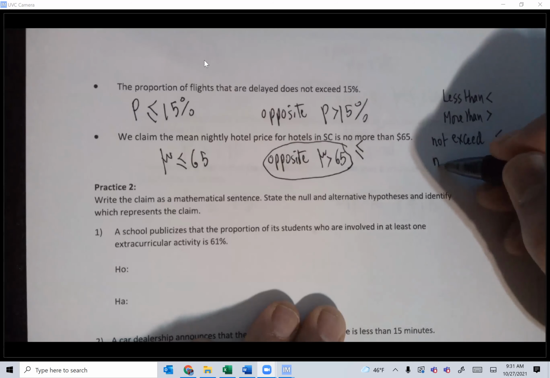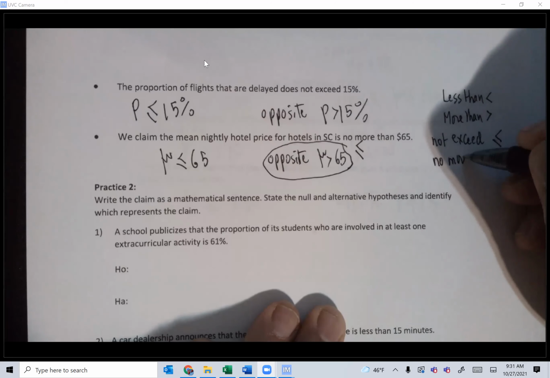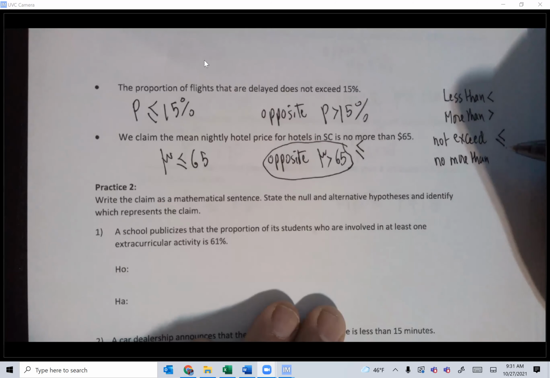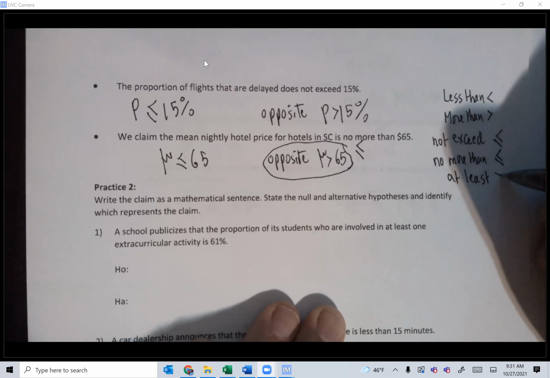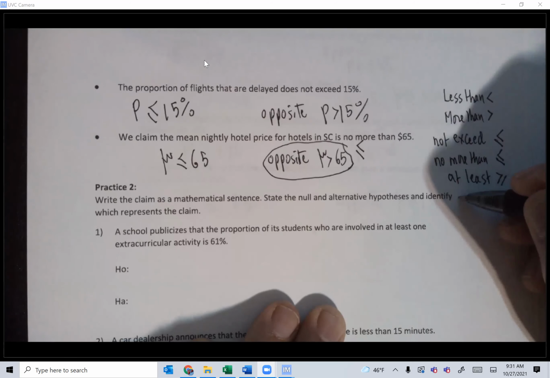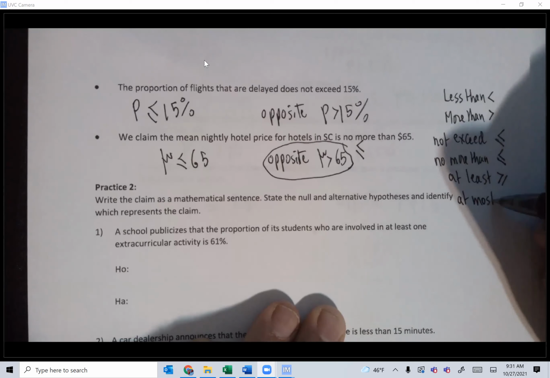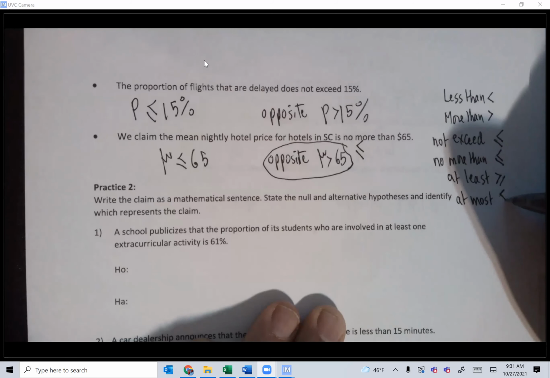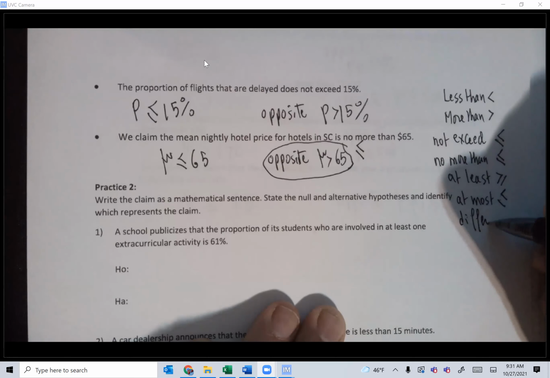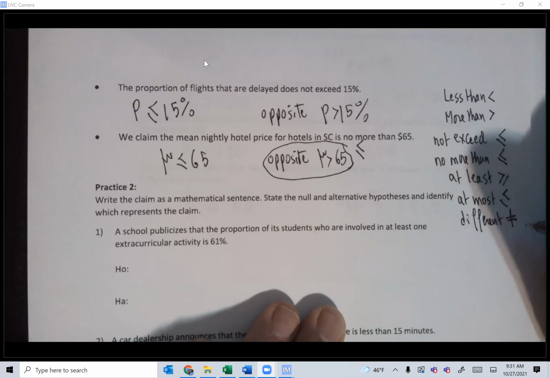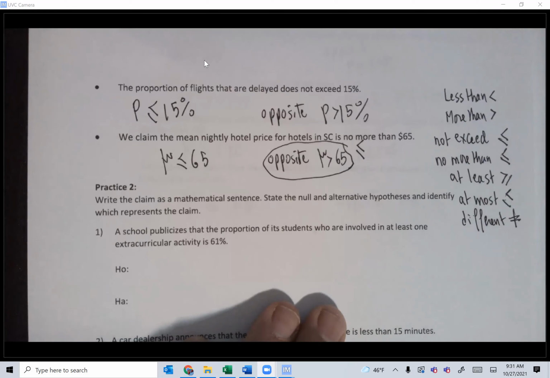No more than, so that's less than or equal to. At least, greater than or equal to. At most, less than or equal to. Different, not equal. And you know, equal is the equal sign.